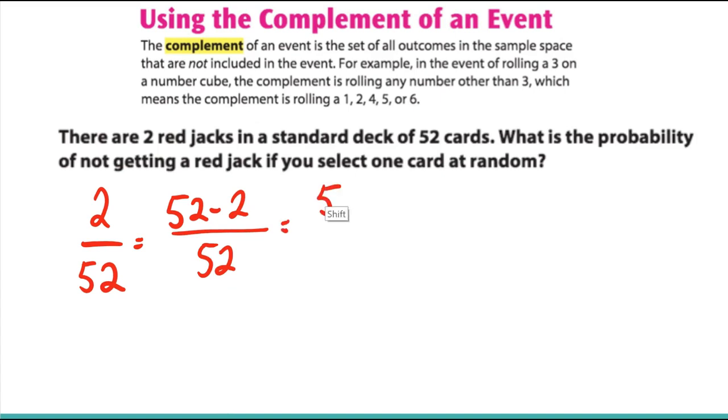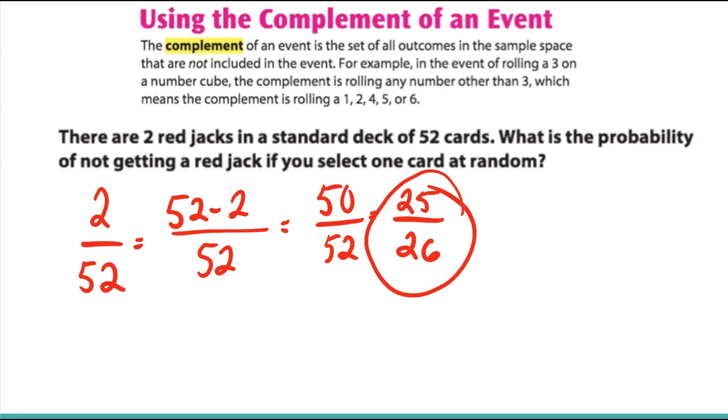So the probability is 50 out of 52, because there are 50 other cards that are not red jacks, and we can simplify that to 25 out of 26. So our probability of getting anything other than a red jack is 25 out of 26.